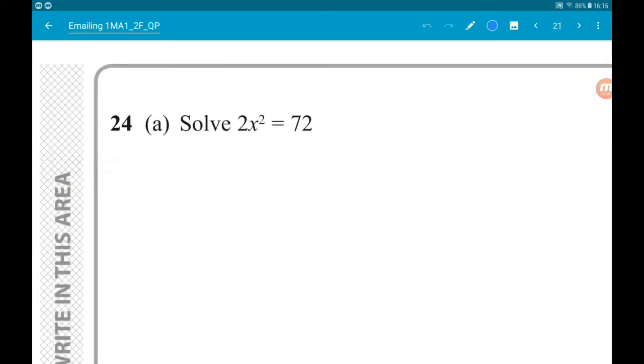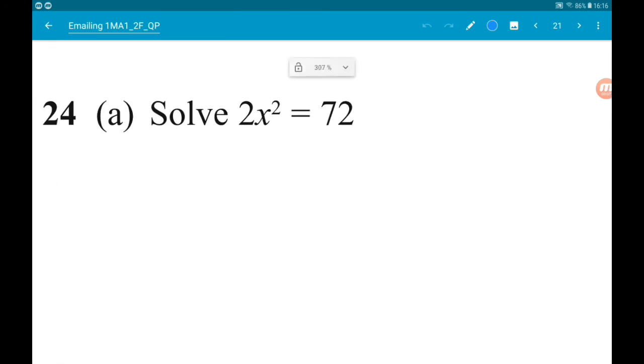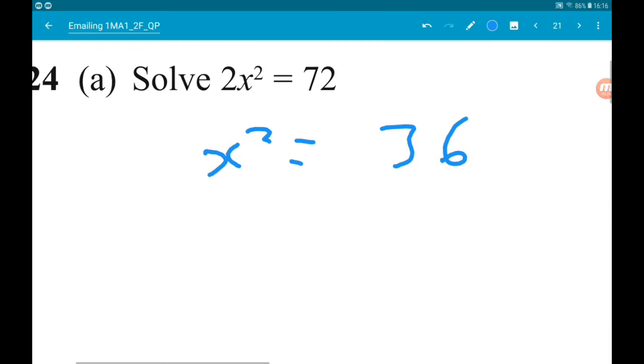Okay, number 24, final question. So part A asks us to solve 2x squared is equal to 72. So the first thing we want to do is divide through by 2. So we get x squared equals 36. And now we need to undo the square, so we square root.